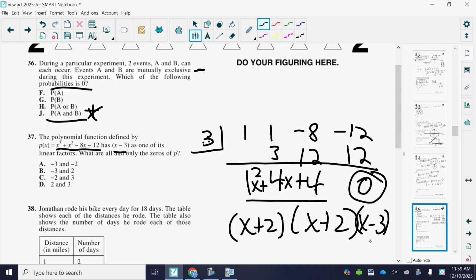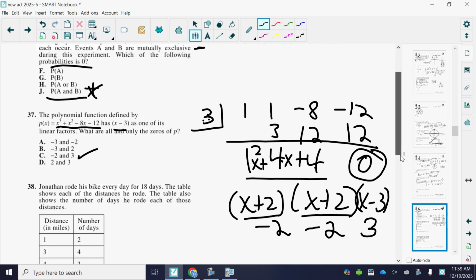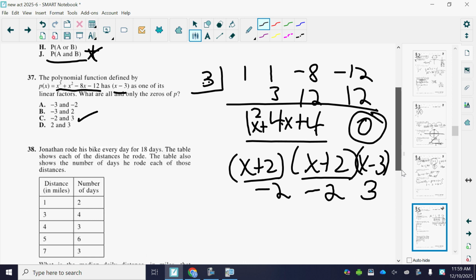X minus 3 means one of the answers is 3. X plus 2 is the other answer, -2. And you don't need to say the -2 twice. Okay? So that's synthetic division. You might want to re-roll that because it was on the October test, a similar type question.